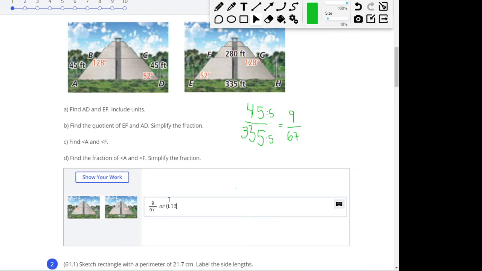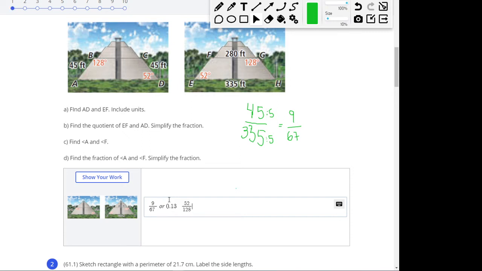And angle A and angle F, we figure out, and you can write as a fraction. Define the fraction of angle A and angle F, the same thing we did before. Angle A, as you notice, is 52, divided by angle F. Angle F is 128.